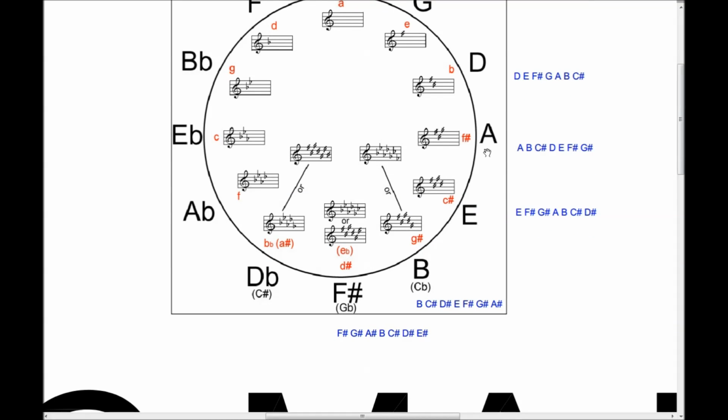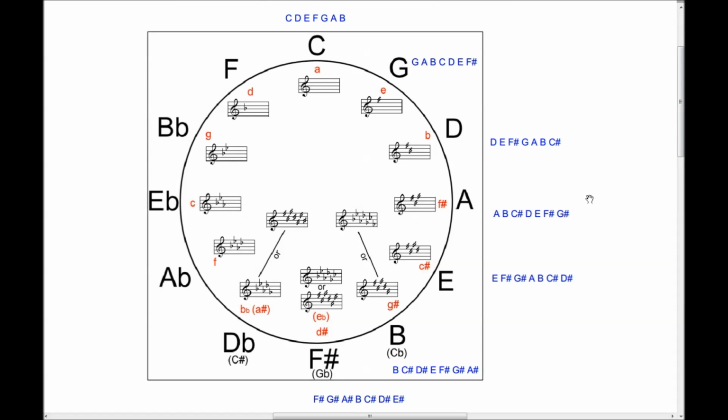This is the A major scale or the F sharp minor if we were to start from the F sharp tone, would spell out the F sharp minor scale containing 3 sharps as shown here on the treble clef. Now there's another way to remember the order of the sharps and the flats.